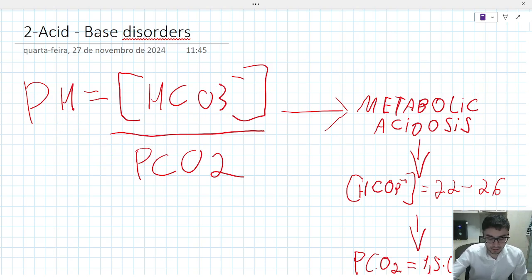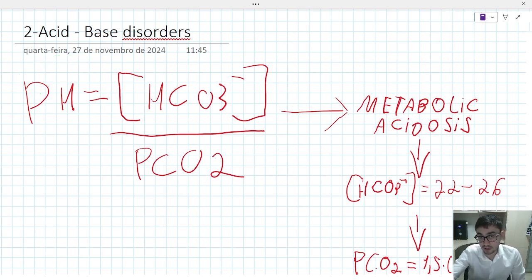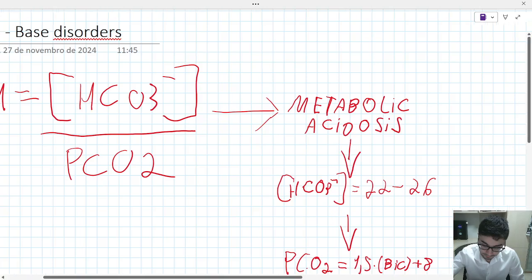We need to keep that in mind. If one of these goes up or down, for the pH to be constant, the other needs to change. We'll talk about this in this class.